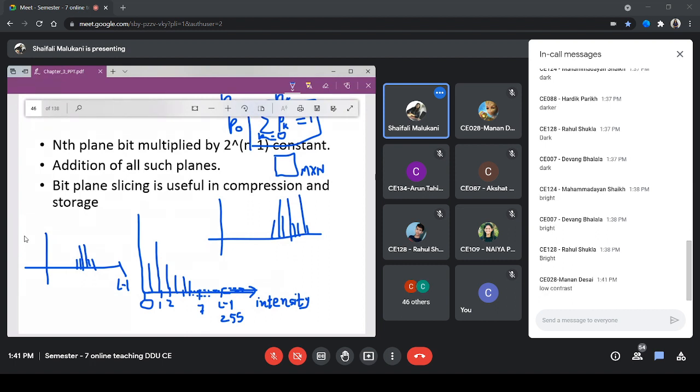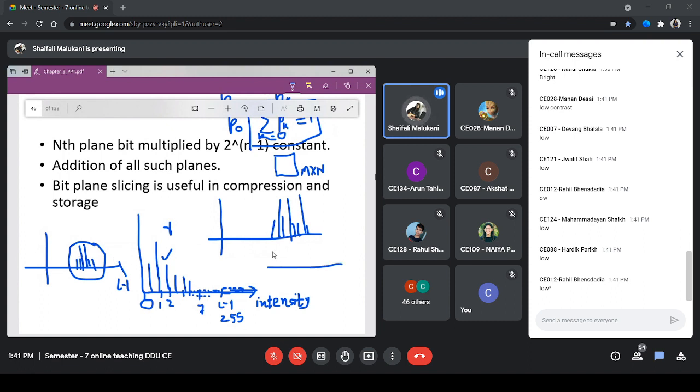Yes, it is a low contrast image. So suppose my image is like this, then I should apply gamma transformation. If my image is like this, then I should apply contrast stretching, right? So which enhancement technique is to be applied can also be decided by this.